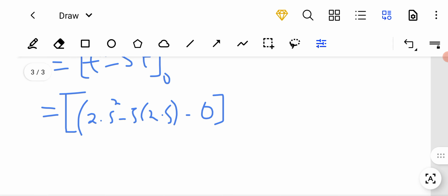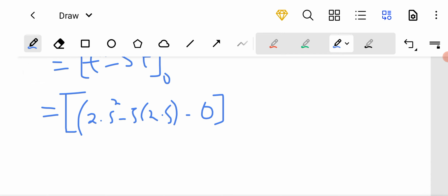2.5 squared, you can calculate this by yourself, or you can use a calculator. It is equal to 6.25. Then 5 multiplied by 2.5 is 12.5. So it's minus 12.5.